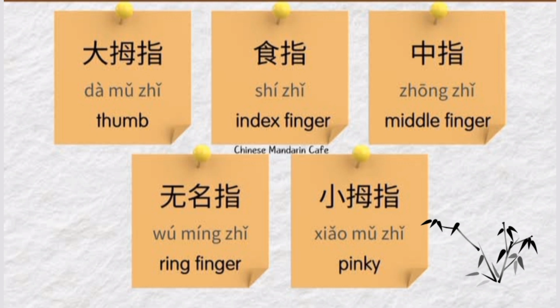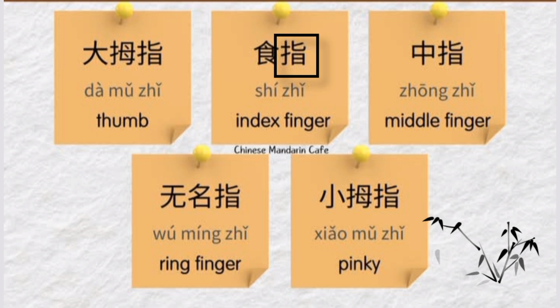Let's explore it. First character is 食. It stands for food, or to eat, because this finger is often used to pick up food when eating with hands in ancient times. Interesting, right? Second character is 指. It stands for finger.